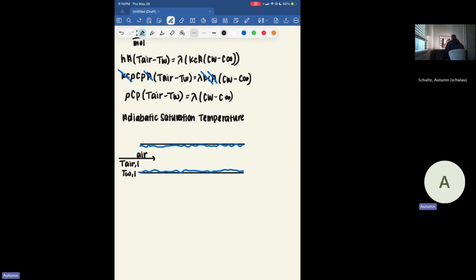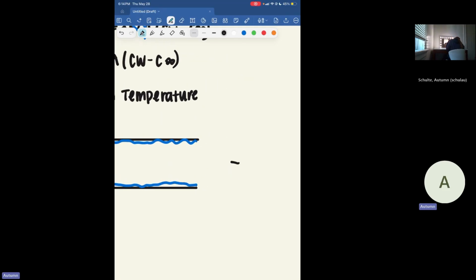Now, because this is an infinitely long pipe, we can say that the temperature of the air that is leaving this pipe is equal to the temperature of the water that is leaving this pipe. And that is because at this point, the air has been fully saturated by this water.